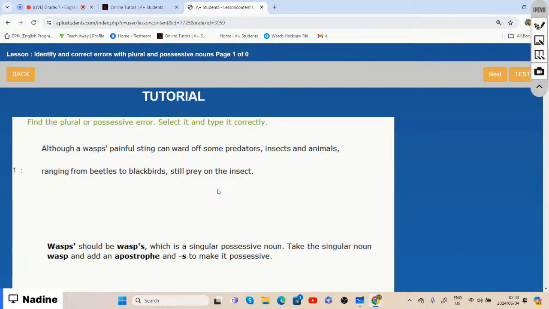So we're going to say the wasp's painful sting, right?